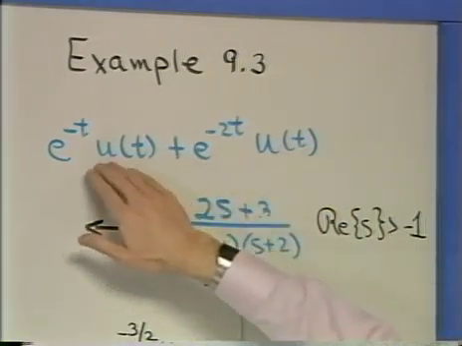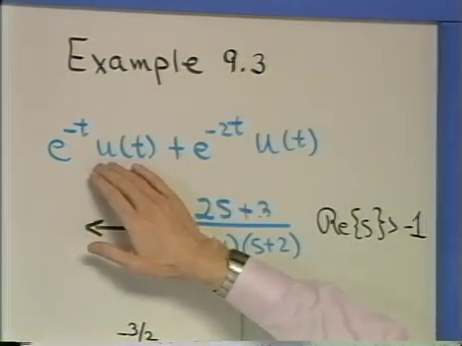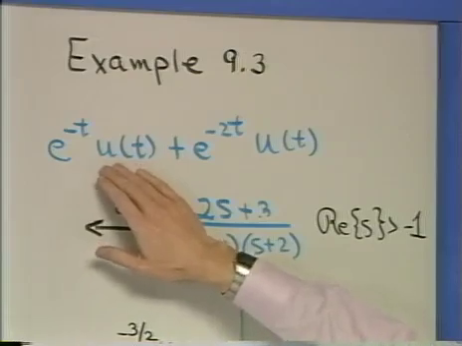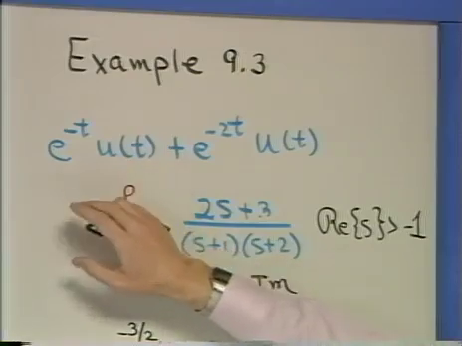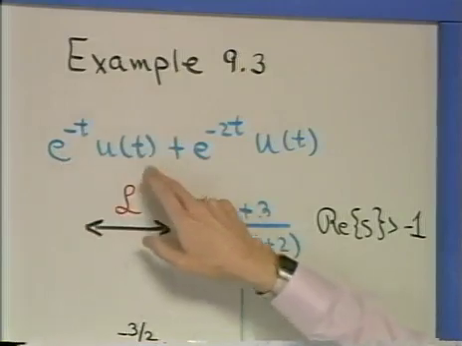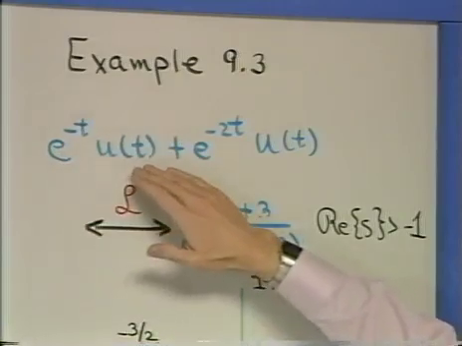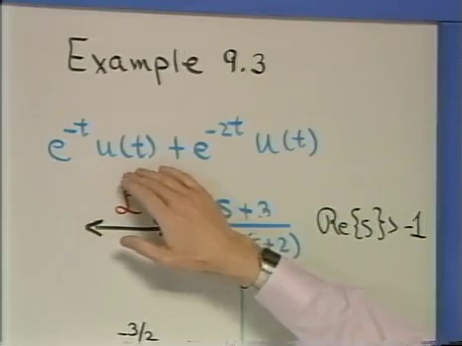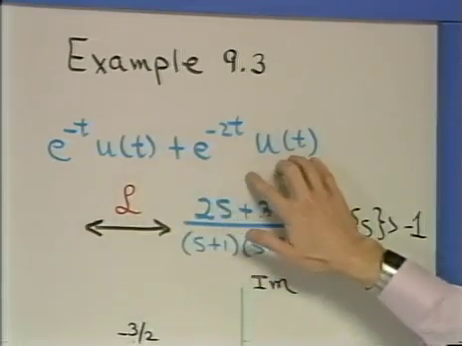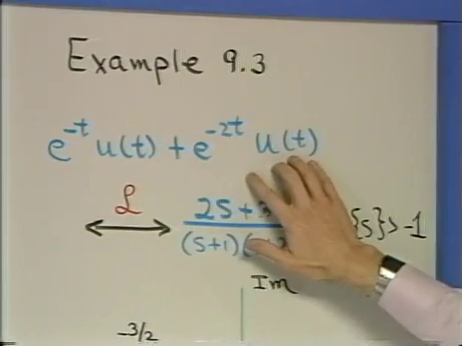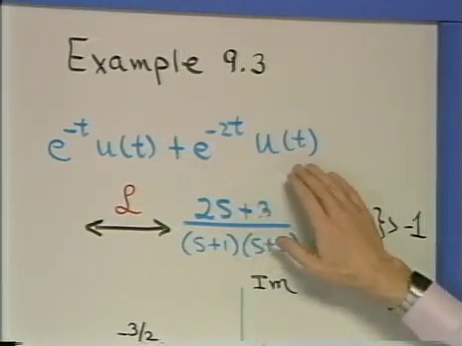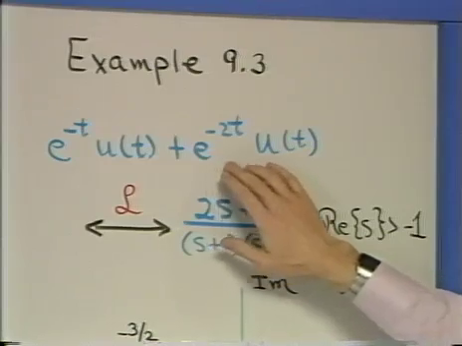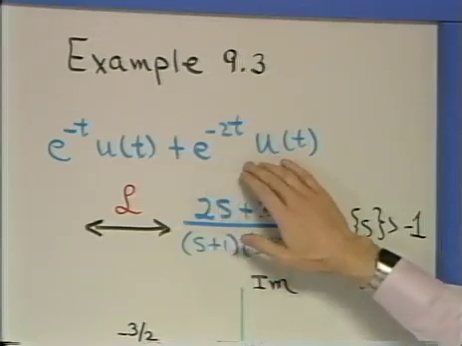And so for this one, we know from the example that we looked at previously, example 9.1, that this is of the form 1 over s plus 1 with a region of convergence which is the real part of s greater than minus 1. For this one, we have a Laplace transform which is 1 over s plus 2 with a region of convergence which is the real part of s greater than minus 2.